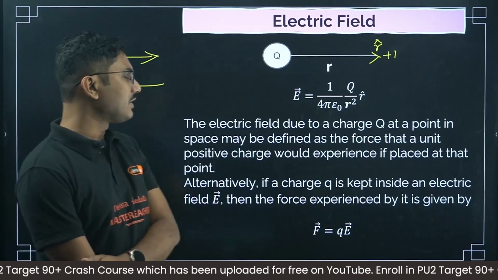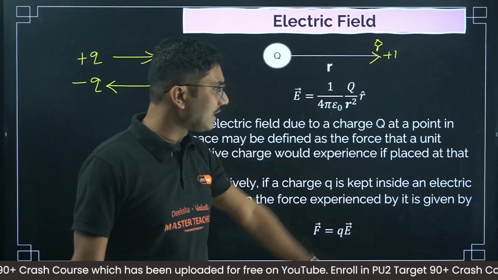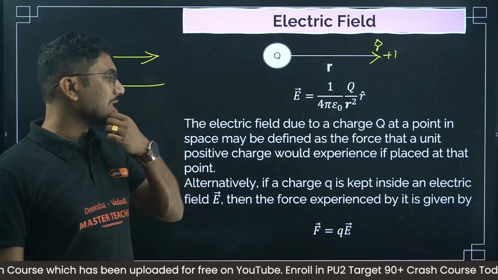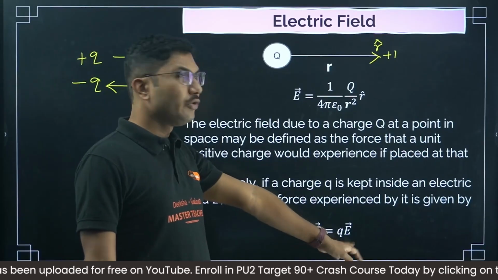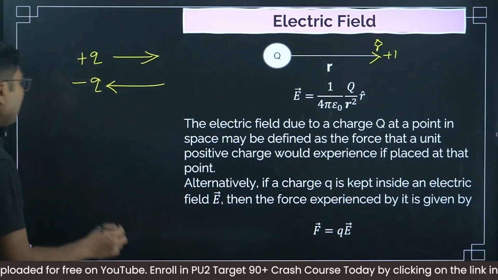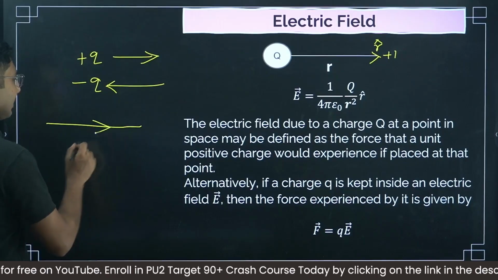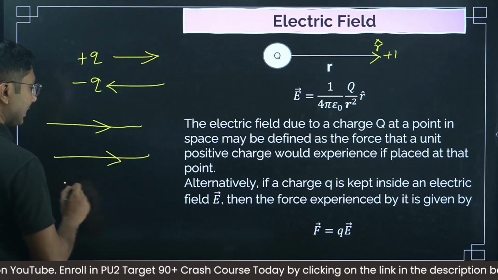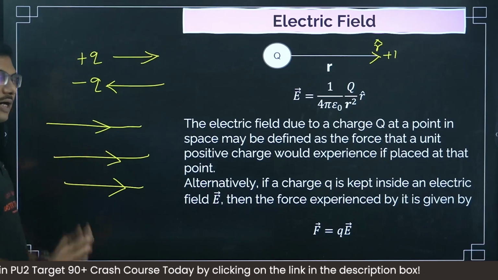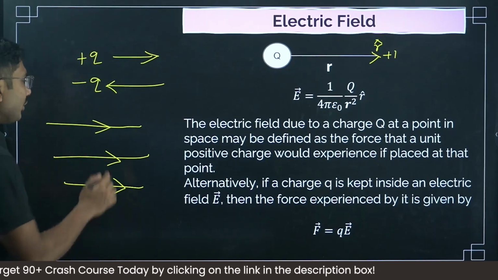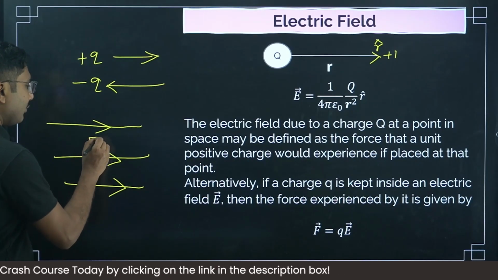Alternatively, if a charge Q is kept inside the electric field E, then the force experienced by it is given by F is equal to Q into E. So what is the meaning of that? Suppose we have an electric field. The source of this electric field is unknown. It can be anything. We know the electric field has a value E at some point.